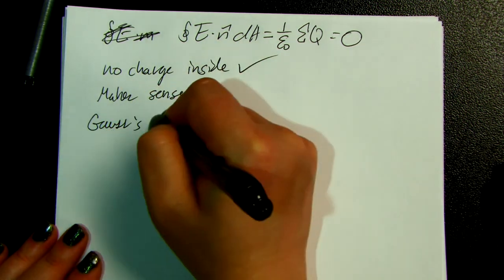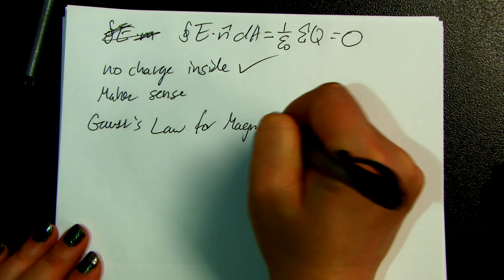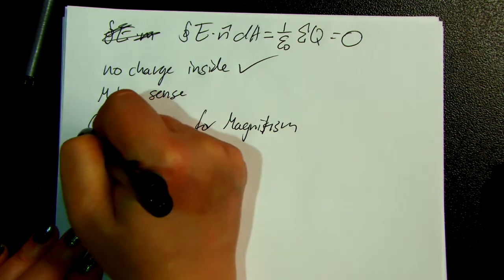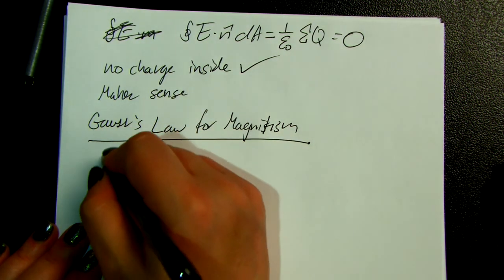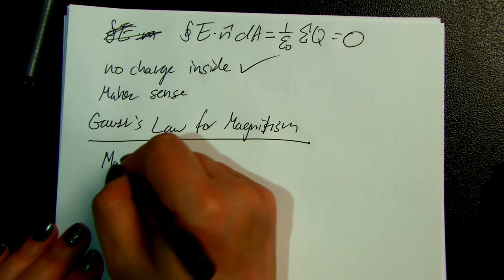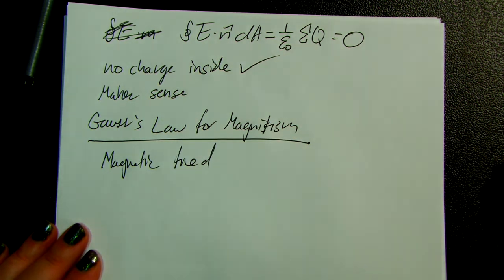Gauss's law for magnetism. All right, we're going to look at our magnetic field. Once again, we'll put it in a box.